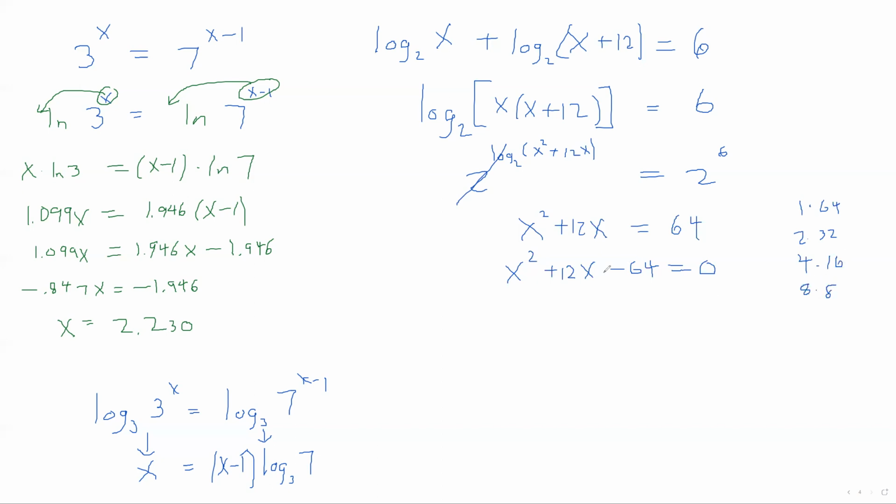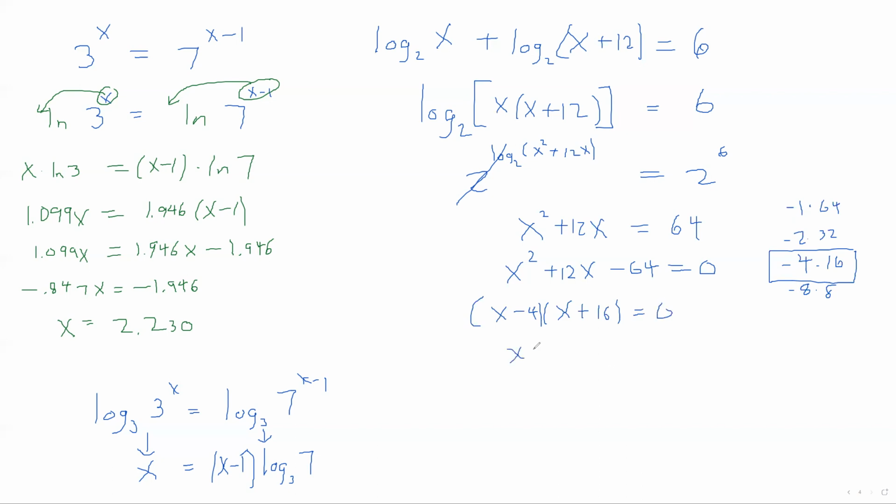We know that we've got a negative here, so 1 has to be positive and 1 has to be negative, and when we combine them, we get plus 12. So the bigger one has to be positive, the smaller one has to be negative, and right here, this will give us our plus 12. So x minus 4 times x plus 16 is equal to 0.